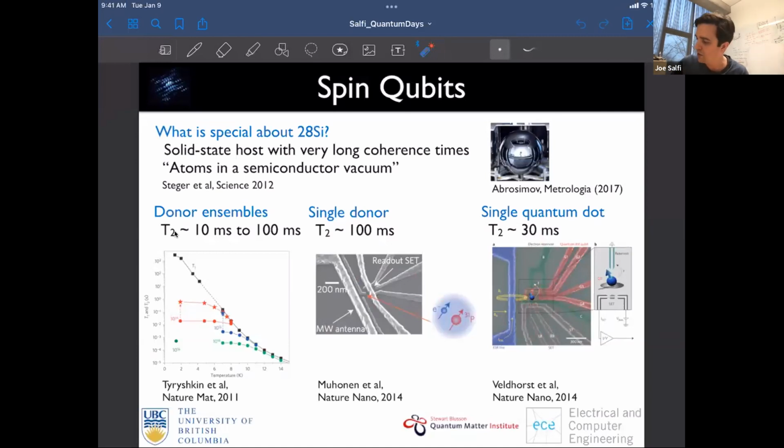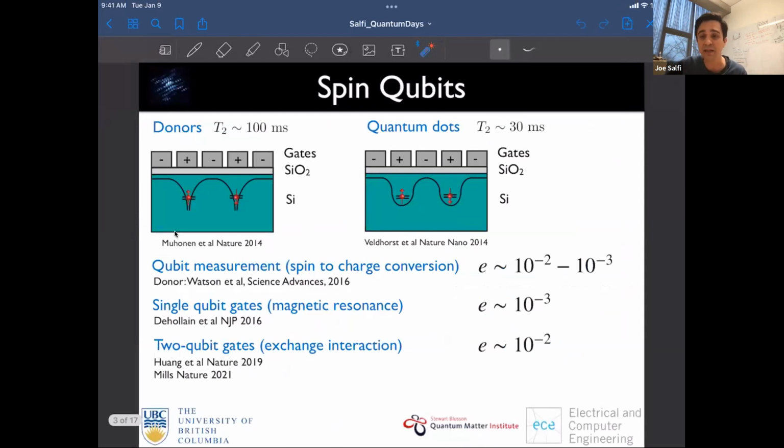Around 2014, it was shown that you can get substantially long coherence times, similar to an ensemble of electrons bound to dopant atoms, in these devices. There's been a considerable amount of progress since this was first demonstrated a few years ago.